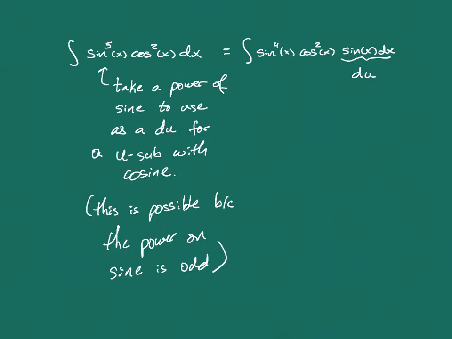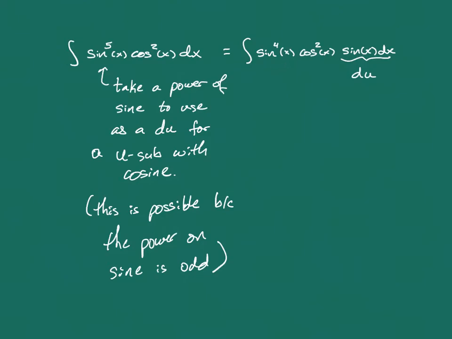But we're not quite there yet because we need to be able to convert these powers of sine into some kind of an expression involving cosine so that we can use our u substitution with u being cosine. And so the question is, how can we do that?